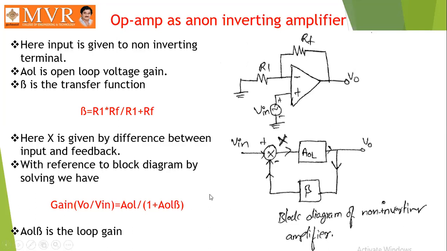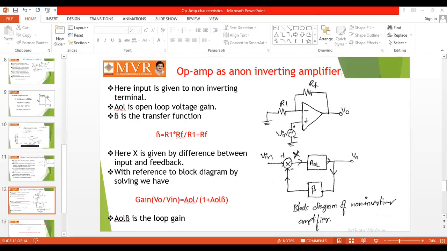With reference to the block diagram, by solving, we have the gain V naught by Vn equal to AOL divided by 1 plus AOL into beta. AOL into beta is the loop gain of an operational amplifier. We are going to observe this in this configuration.